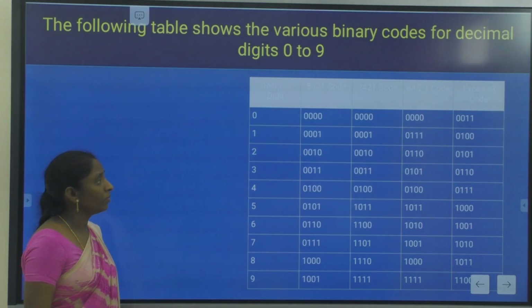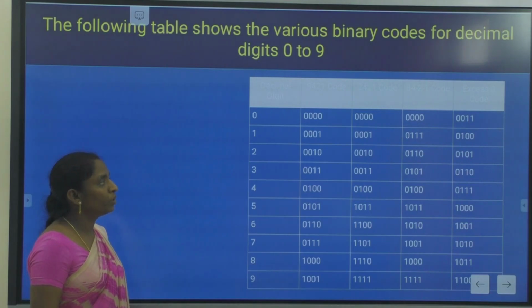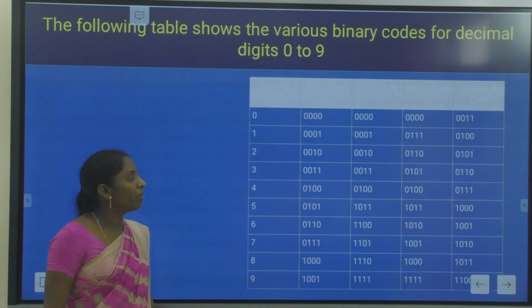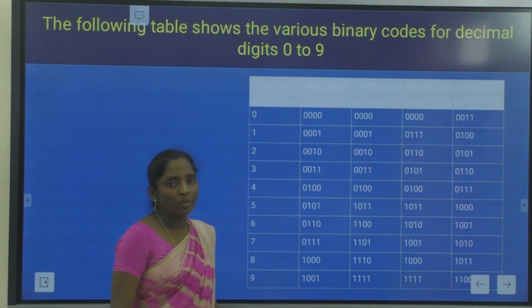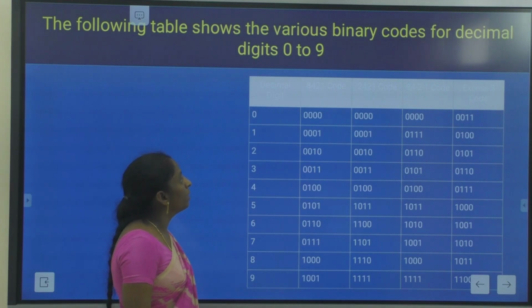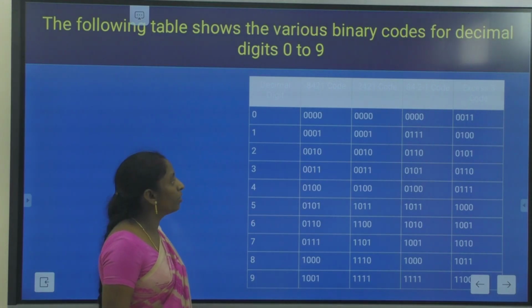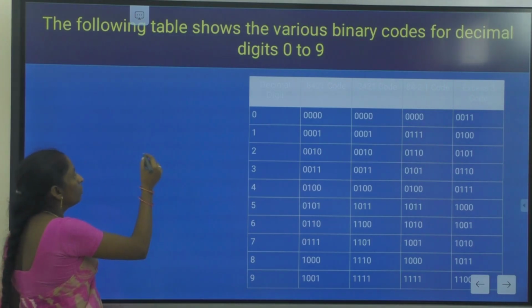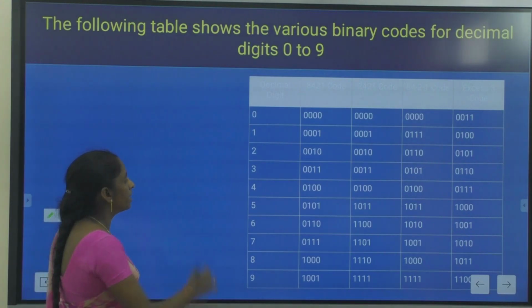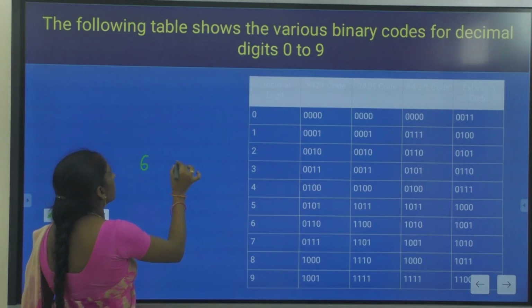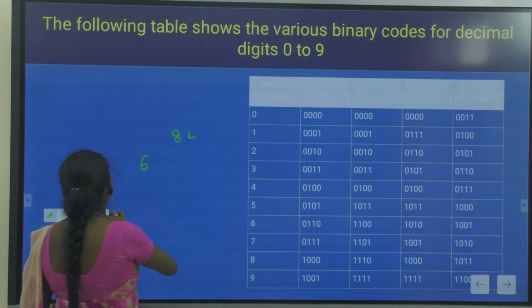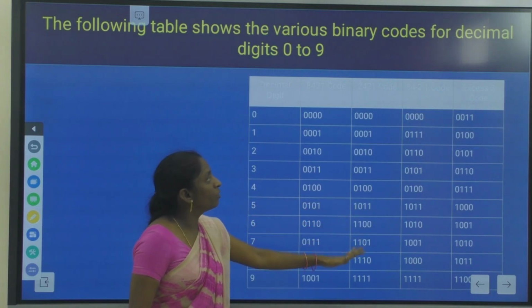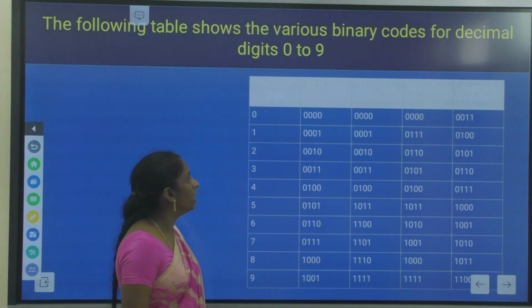2421 code. So here in the 2421 code we are assigning the positional values 2, 4, 2, 1 to the bits.